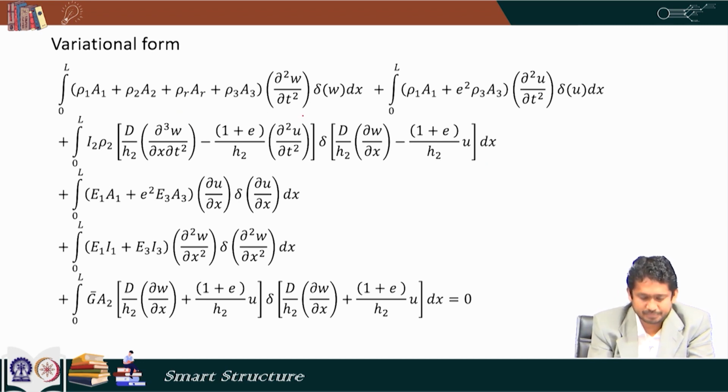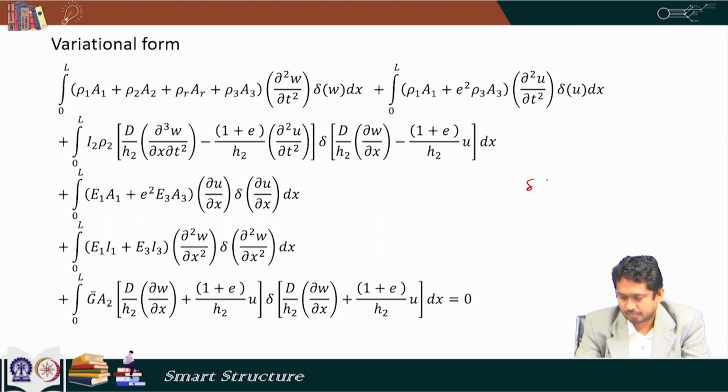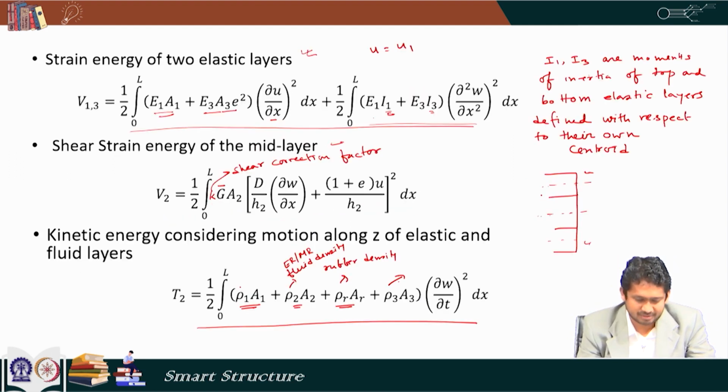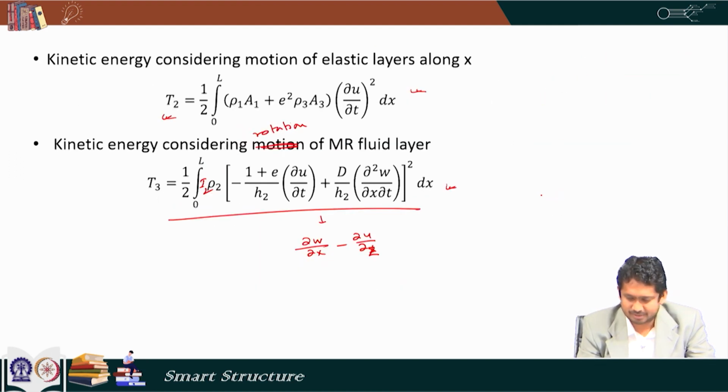So, this is the variational form. If I take variation of all the energies, so we have T1, T2, T3 and V1, V2, V3.